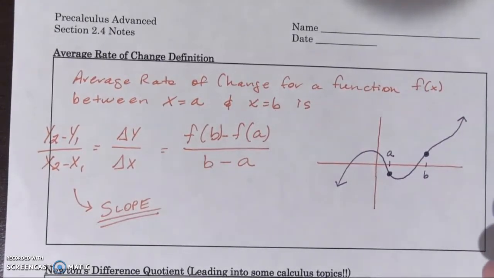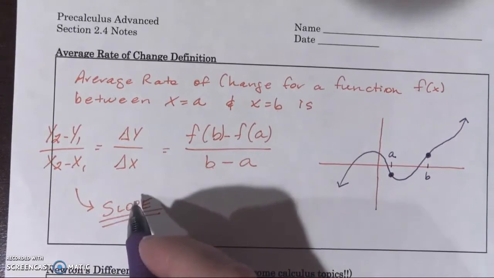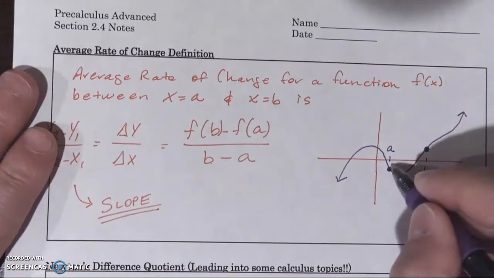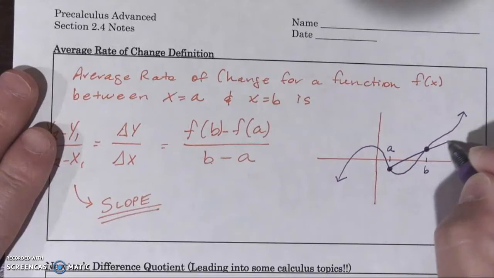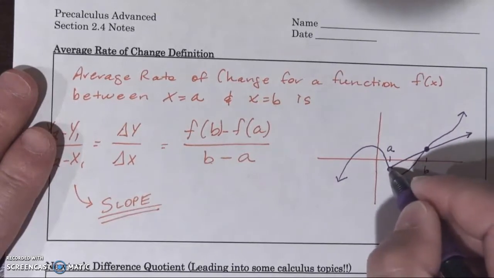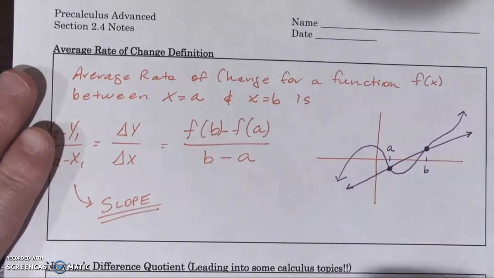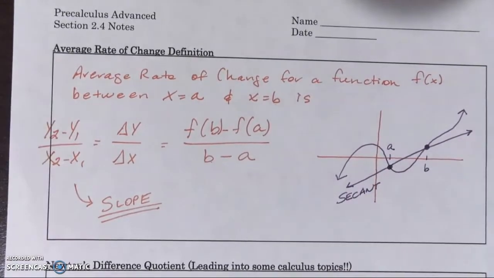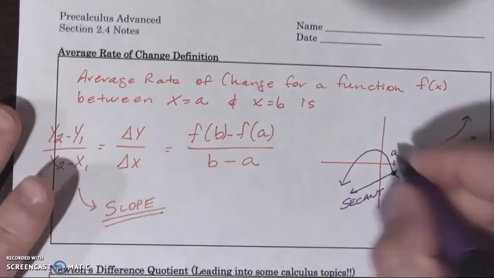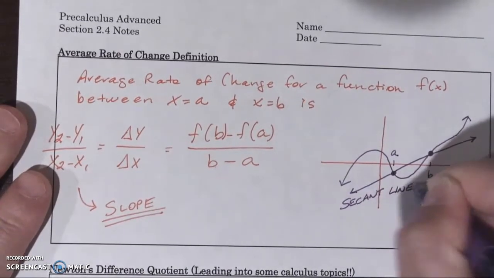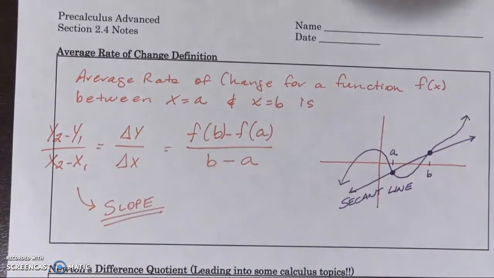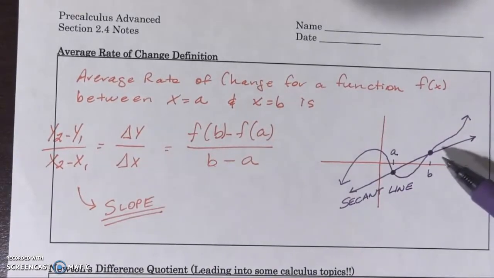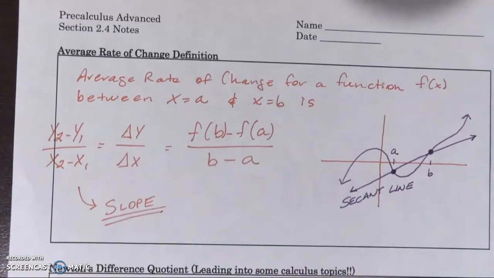So if I wanted to know that, the way slope kind of comes into play is, if you guys remember, if we draw a line that intersects a graph at 2 points, we would call that a secant, okay? Or we could call it a secant line. A line that intersects another function at 2 specific points here, like at x equals a and x equals b, we'd call that a secant line.